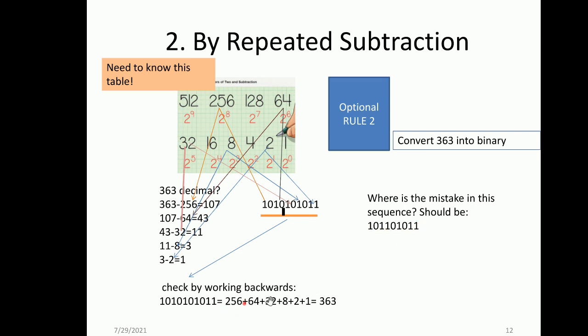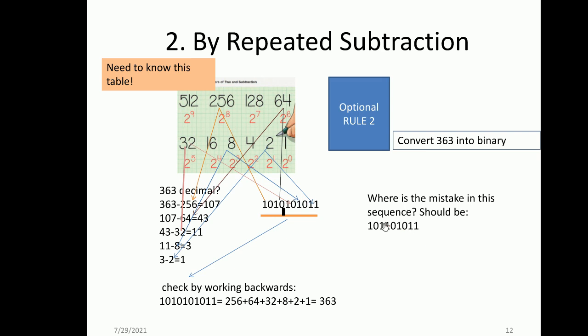And I can check. This is fast. I can work backwards. So the original number should be 256 plus 64 plus 32 plus 8 plus 0 plus 2 plus 1.